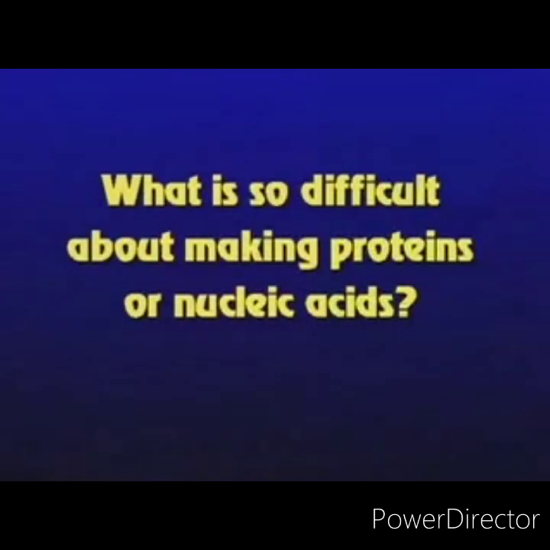What is so difficult about making proteins or nucleic acids? Well, the problem in trying to make a protein, even if you have just a pool of amino acids, is that the energetics is such that now it's an uphill process.